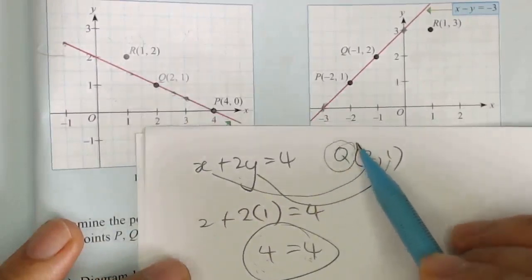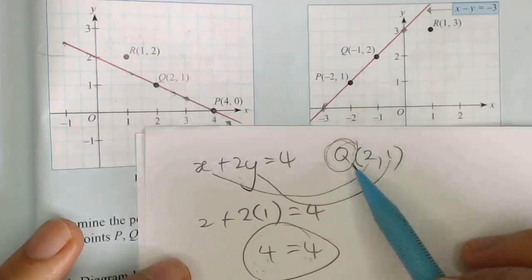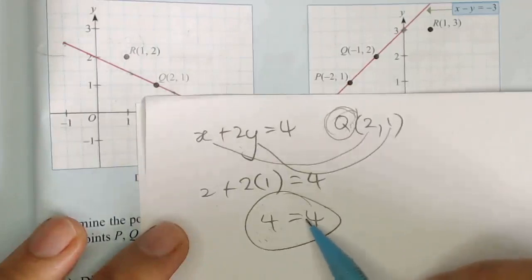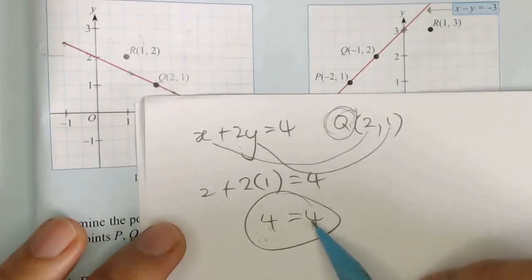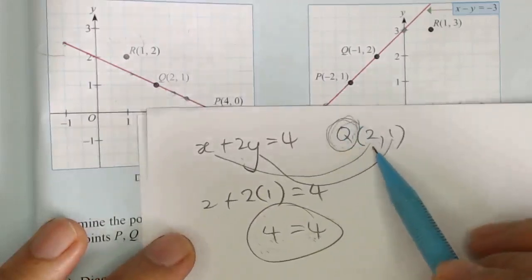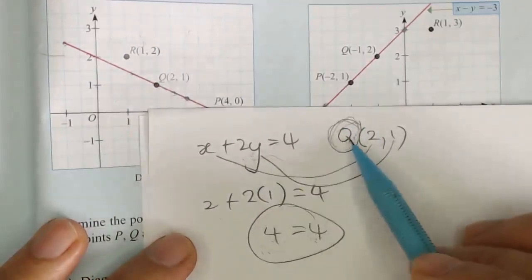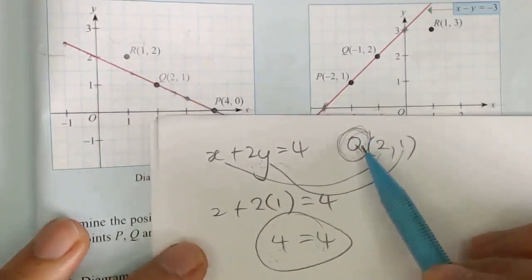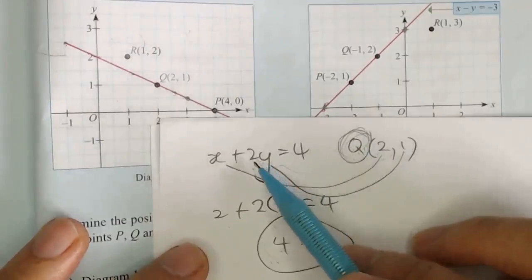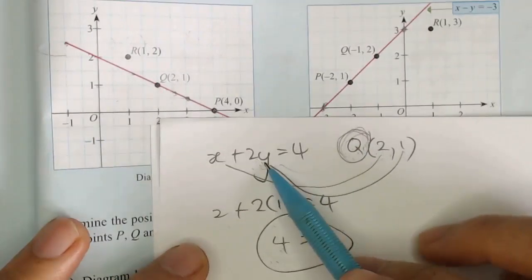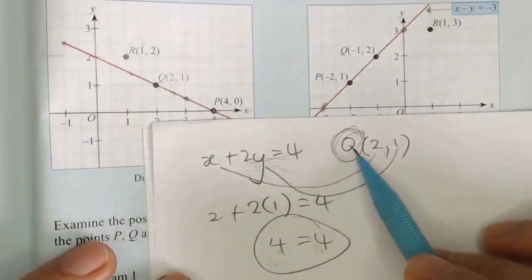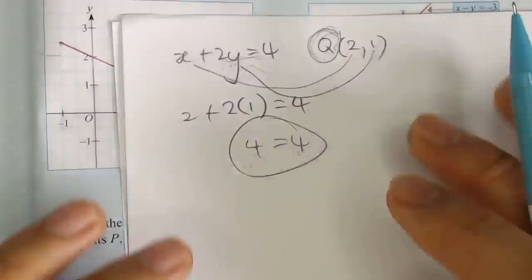Once we see that what is on the left side is equal to what is on the right side, we conclude that the point we just substituted is really on this straight line, or this line is really passing through this point Q. How do we know?